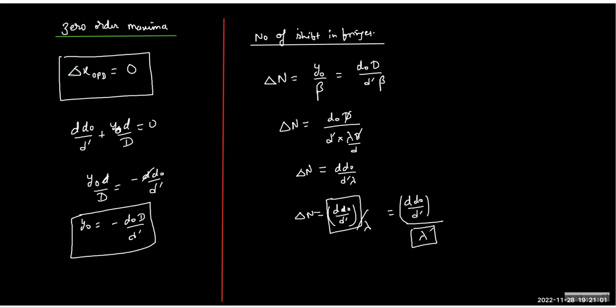It is the extra wavelength I can directly see in that extra path. If I have developed some extra path, then I can now accommodate more wavelengths. And to know how many extra, rather than doing all this calculation, you can do this directly: if you know the path difference, which is d naught by d dash, divide by lambda, I will come to know how many extra wavelengths I can accommodate now.